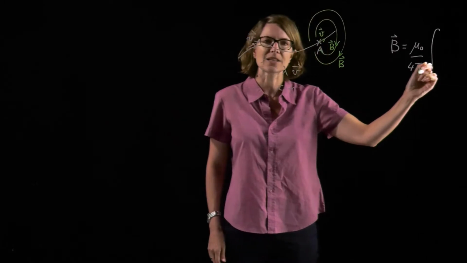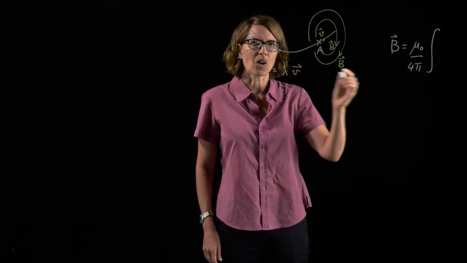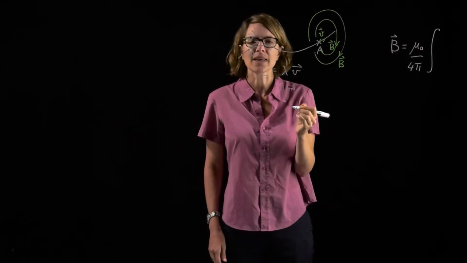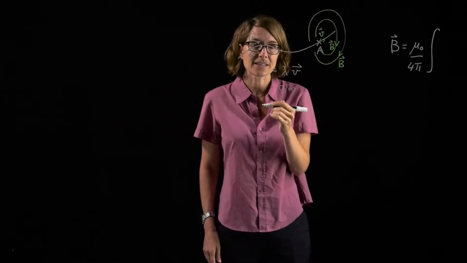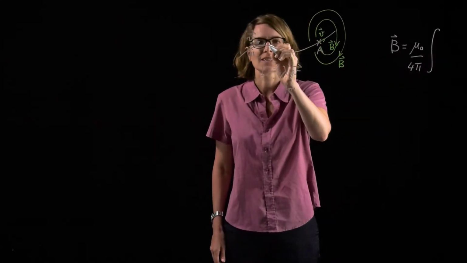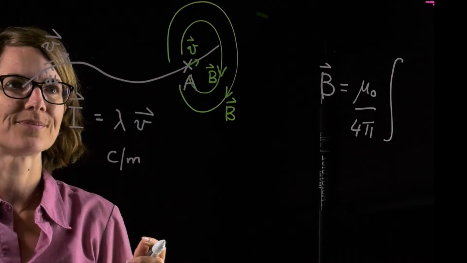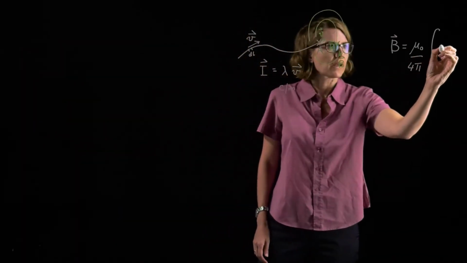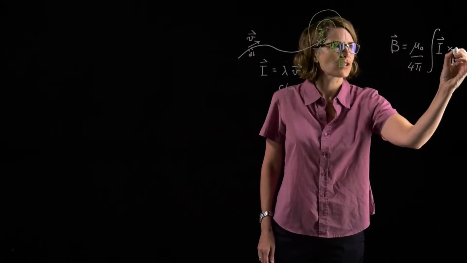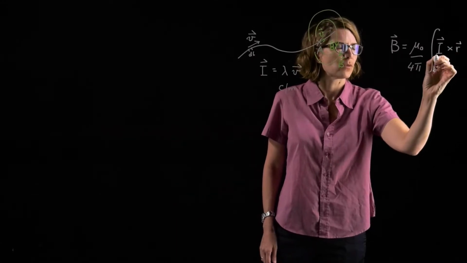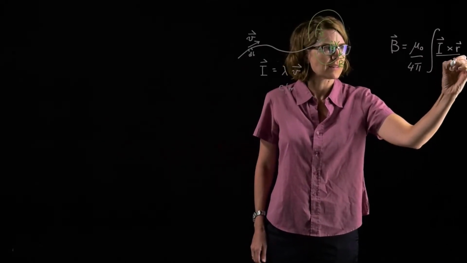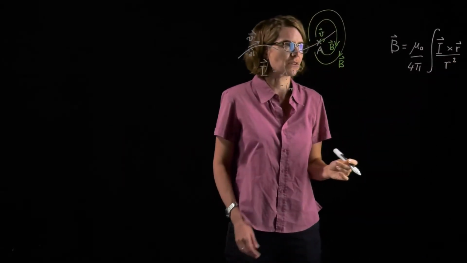So dl is going to be the small element of, in this case, the wire that's carrying the current. So if we integrate along dl, it means we integrate along the whole wire. We have the current at a given point crossed by the position vector, which I'll show you shortly, divided by the magnitude, that is the distance of that position vector squared.